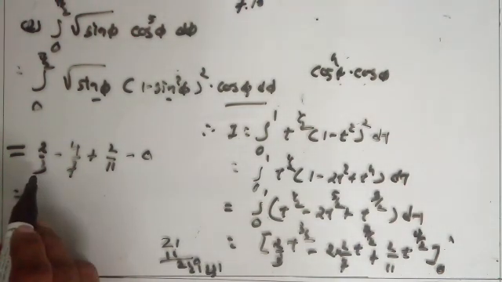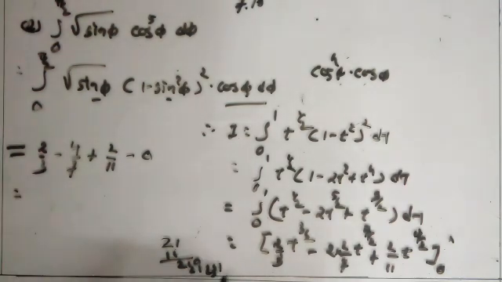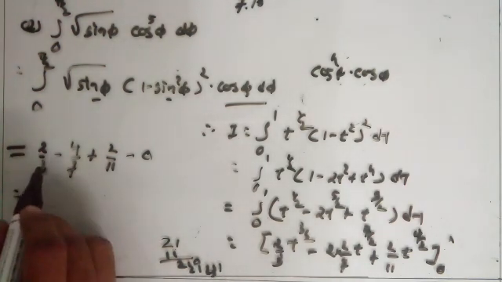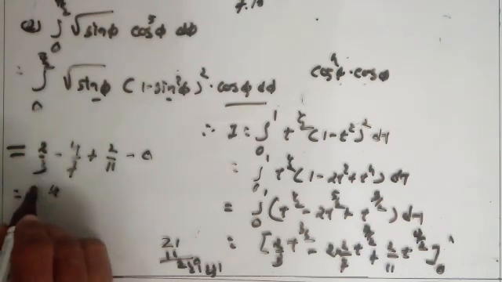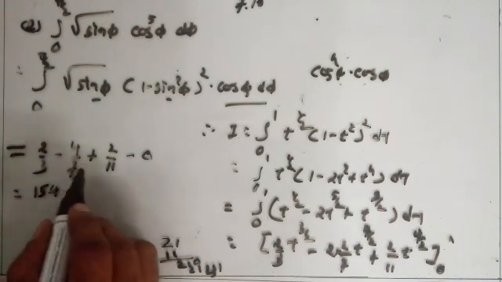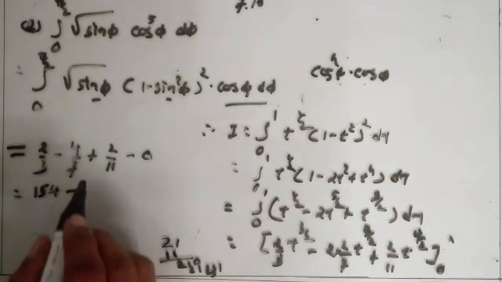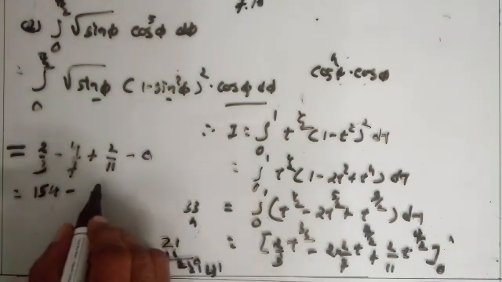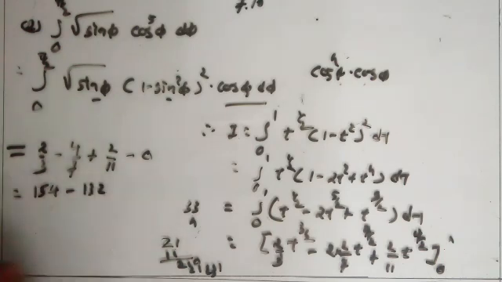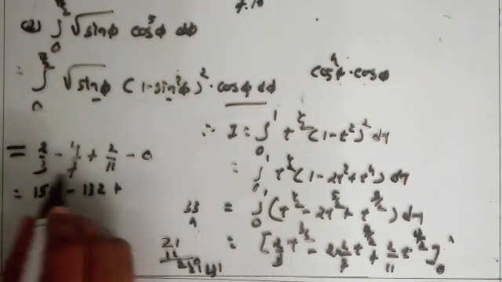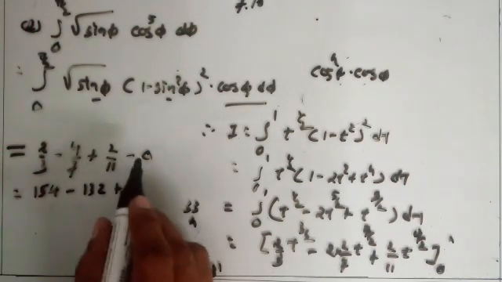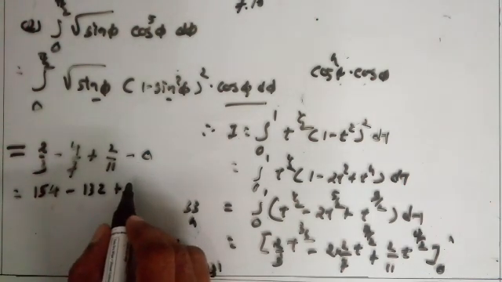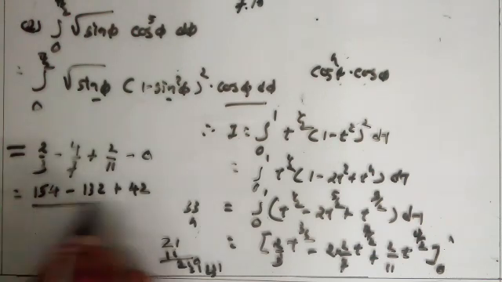So take LCM 231. Here it becomes 77 into 2, which is 154, minus 33 into 4, which is 132, plus 7 times 3, which is 21, into 2, which becomes 42, upon LCM 231.